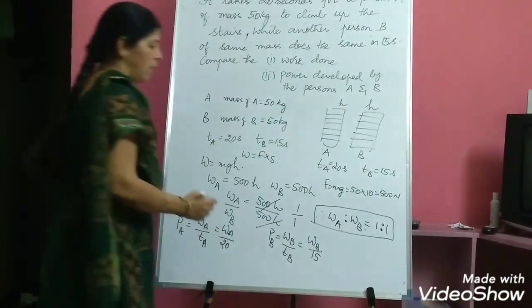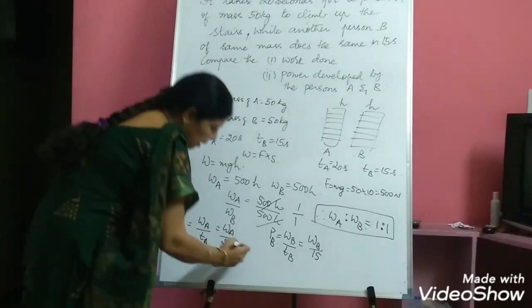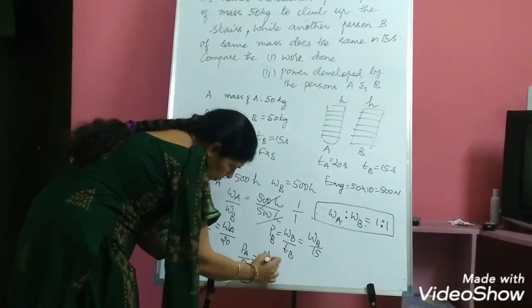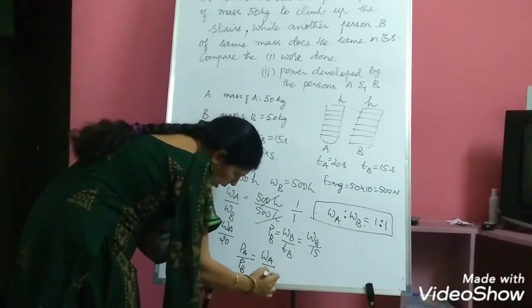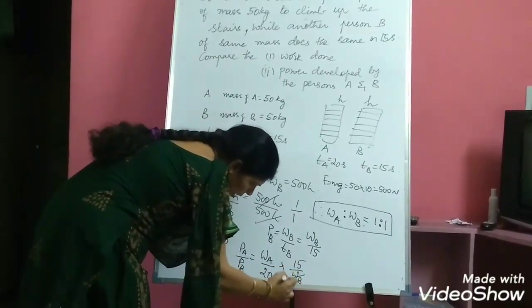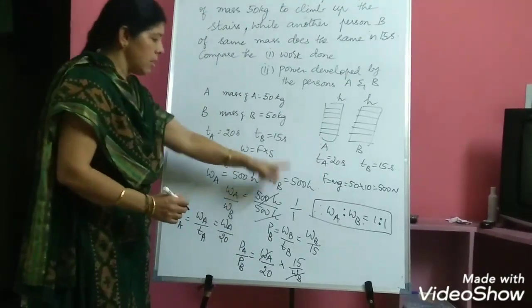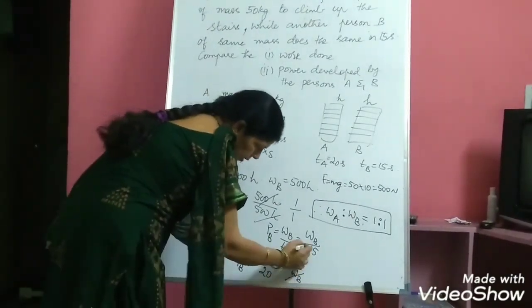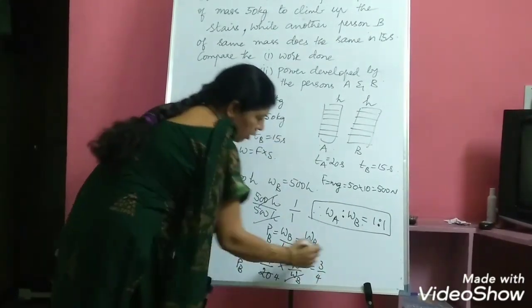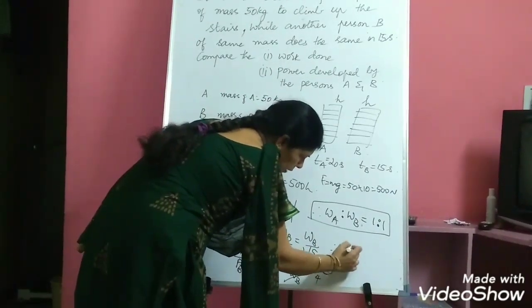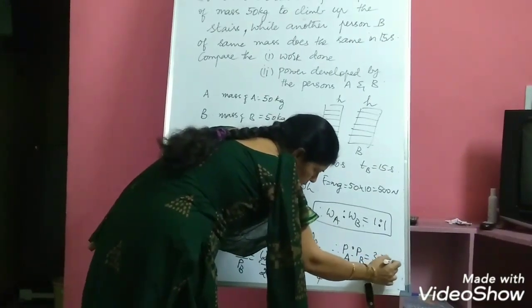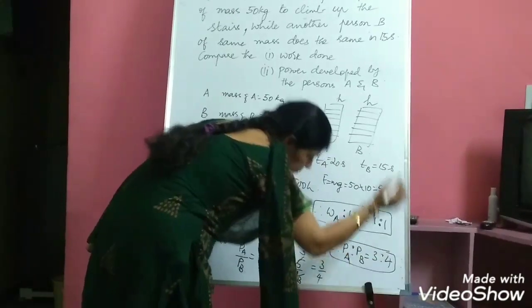Now, check the ratio. PA by PB will be equal to WA by 20 multiplied by 15 by WB. Now work done will get cancelled because both are the same. Now 5 3 times, 5 4 times. This will be equal to 3 by 4. Therefore, the ratio of power developed by A and B will be 3:4. This is the solution.